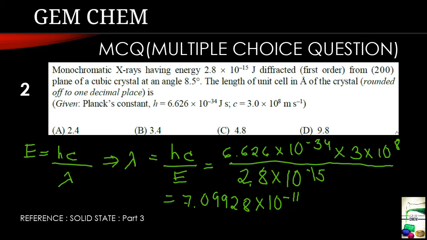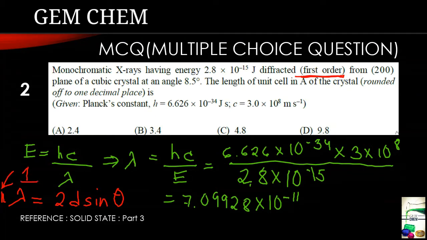And we know from Bragg's law that n lambda is equal to 2d sine theta. In this case, since it is told that it is first order diffraction, the value of n is equal to 1. So ultimately this value is equal to 2d sine theta.